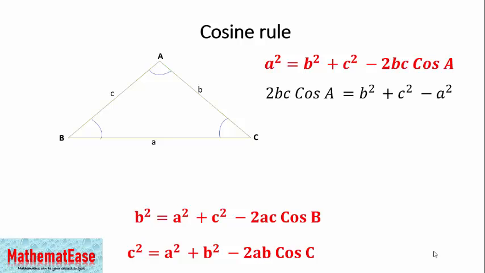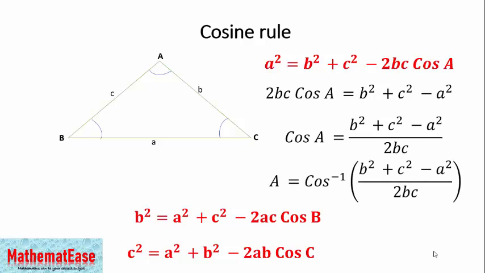By the time you bring it, you have 2bc cos A is equal to b square plus c square minus a square. Then you can divide both sides by 2bc. Then you have cos A is equal to b square plus c square minus a square all over 2bc. Then you can take the inverse cos to the other side. Then you have A is equal to inverse cos of b square plus c square minus a square all over 2bc. By the time we want to give examples on this, I will shed more light so that you know how to tackle questions when you have them to solve.